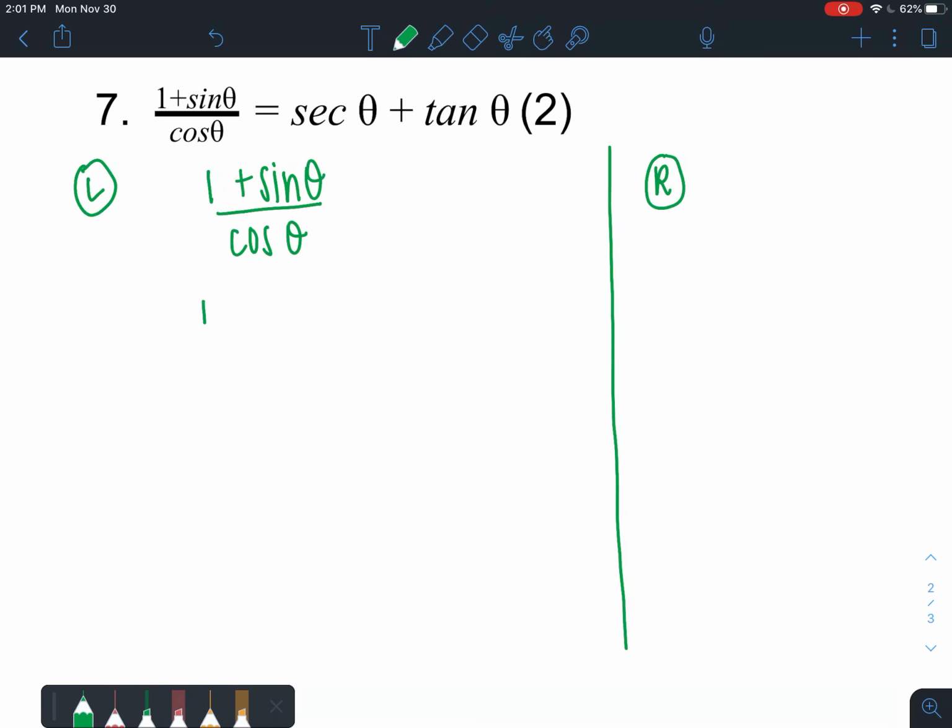I'm going to rewrite this as 1 over cosine of theta plus sine of theta over cosine of theta. So all I did was separate those fractions into two different fractions. We have the same denominator, so if we were to add those together, we would get the same thing.